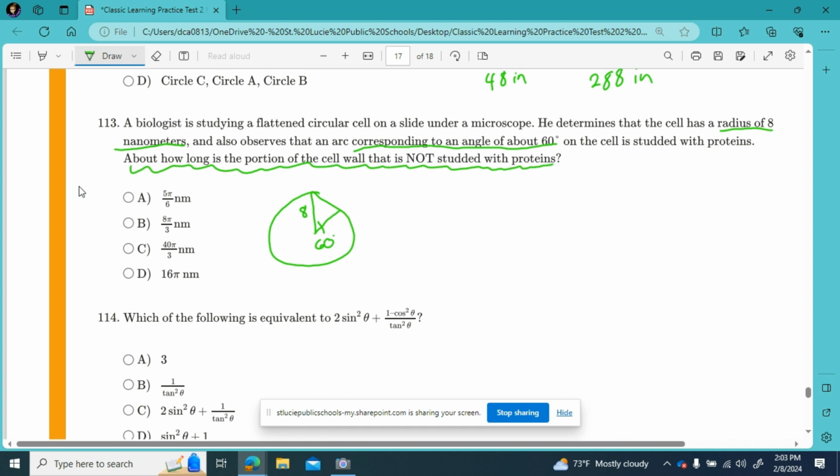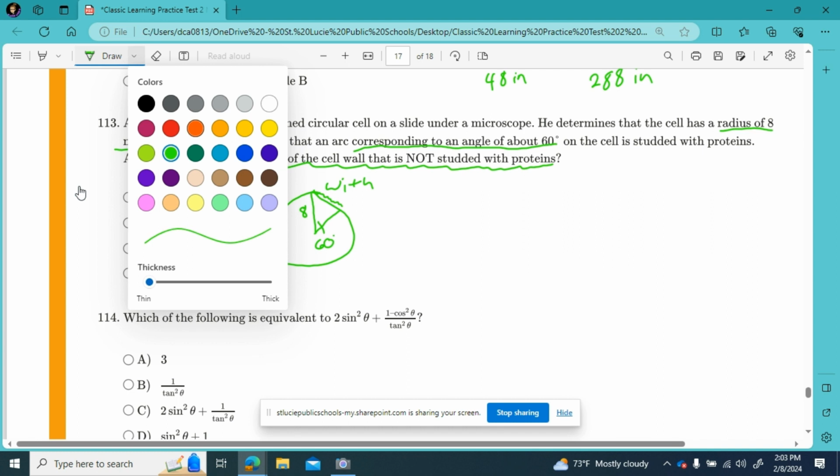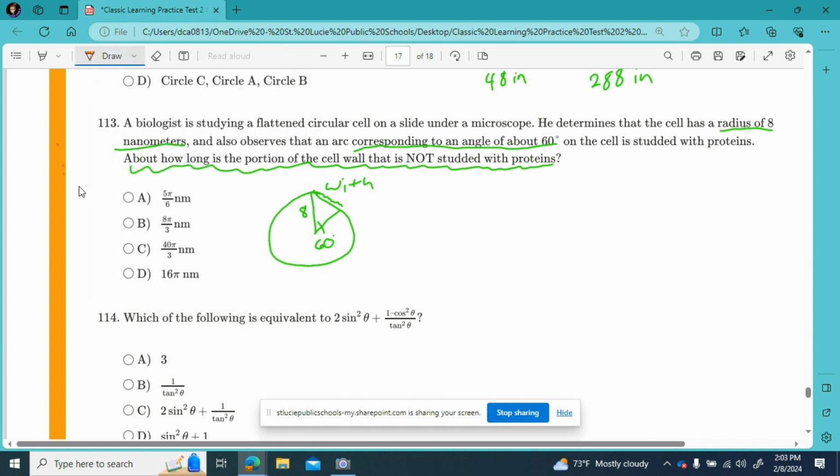This is studded with proteins. And we want to find out the length of the cell wall that is not. So we want to find the length of this right here.